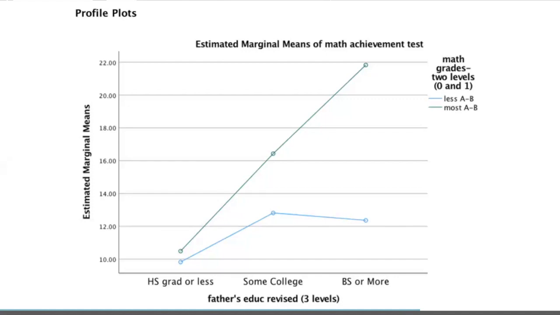We're saying that math grade is at level 1 and the father's education revised is also at level 1. Then what we're telling SPSS is to use that highest level of math grades, highest level of father's education. We're going to click Continue, and then OK.